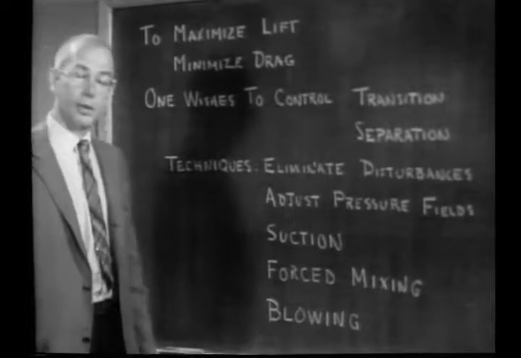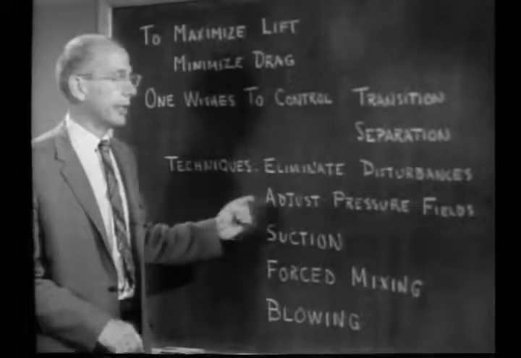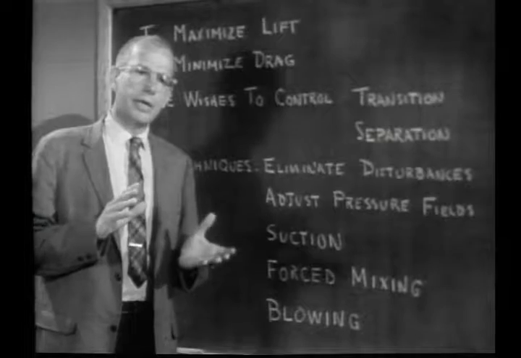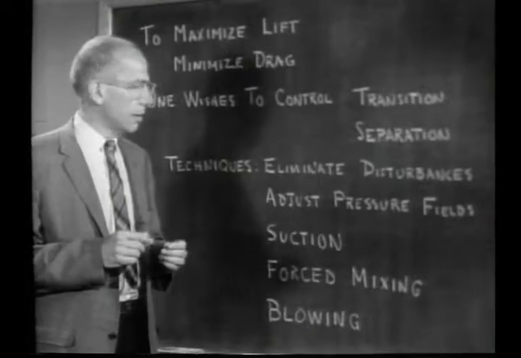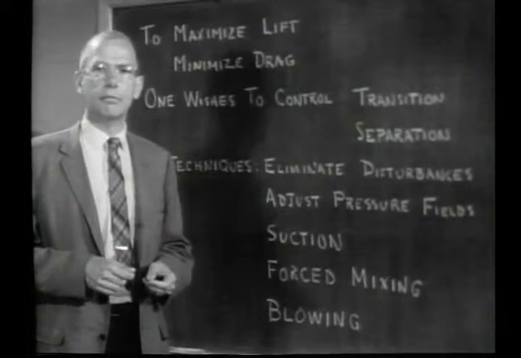Designers have also learned to use the strong influence of the pressure gradient on the stability of the laminar boundary layer. That is, its ability to damp out disturbances. This can best be demonstrated by use of a pressure distribution tunnel.